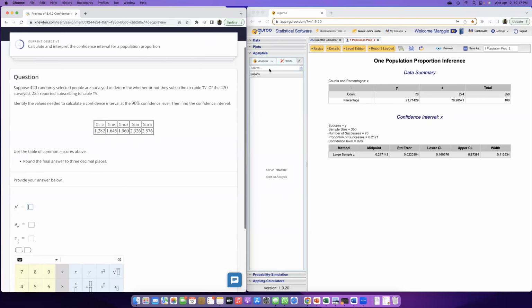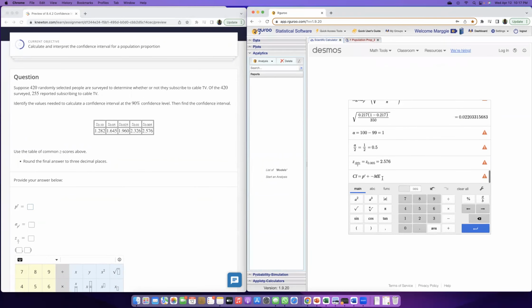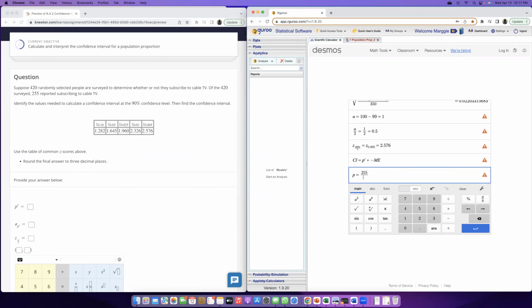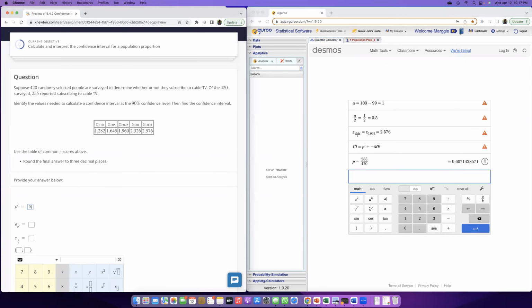Let's go to the calculator and find P. P is going to be the 255 successes over the 420 total that I surveyed. So P, again, to 3 decimal places, is 0.607.